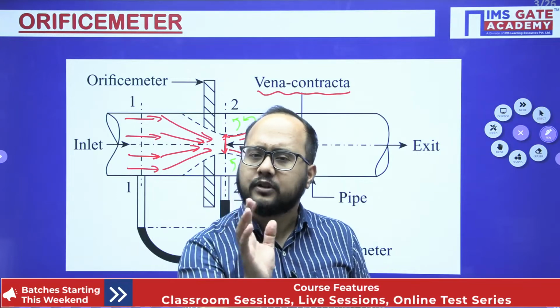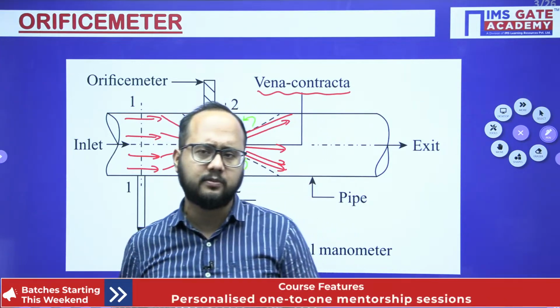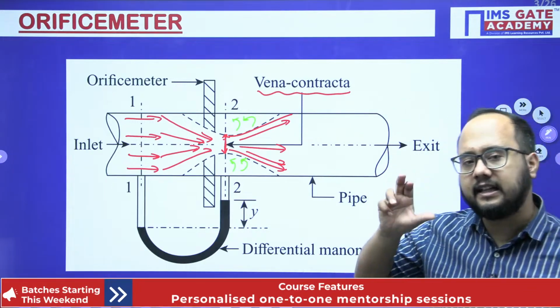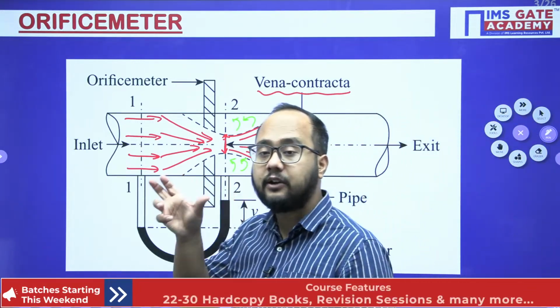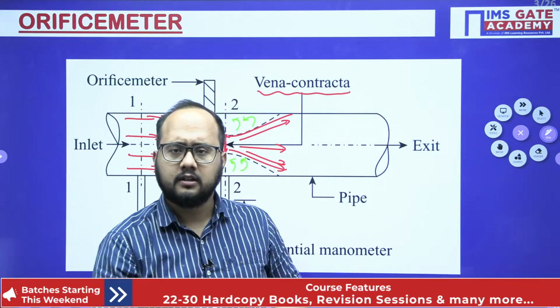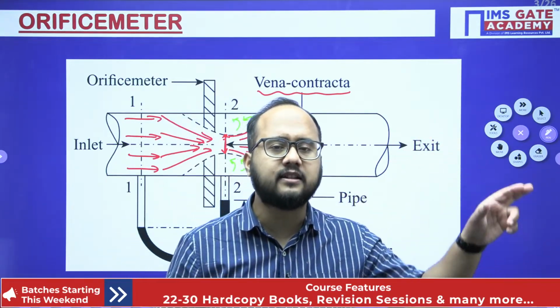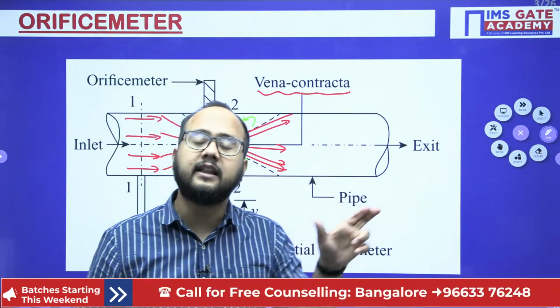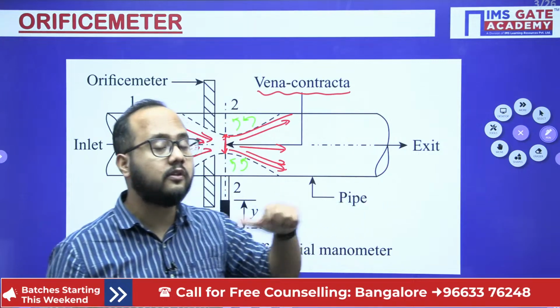But if someone asks what the advantage of the orifice meter is as compared to the venturimeter, you can simply say that the length of the venturimeter is very high compared to the orifice meter. The orifice will not take that much length.